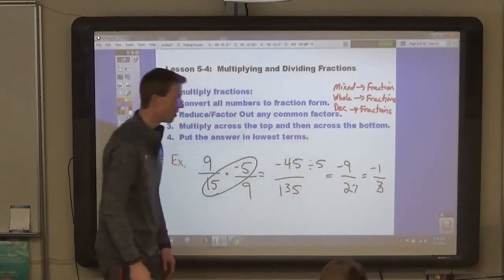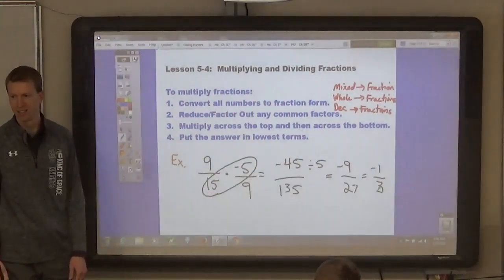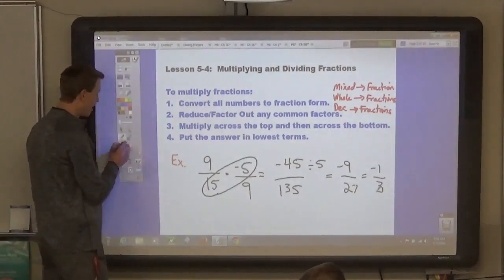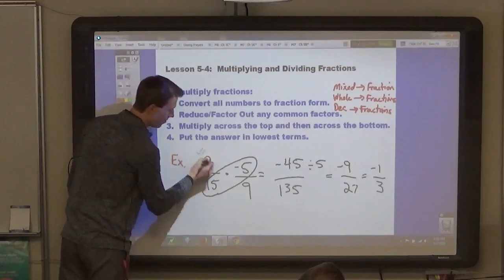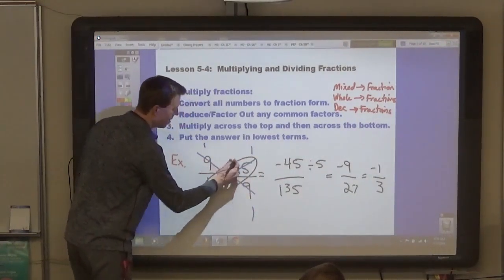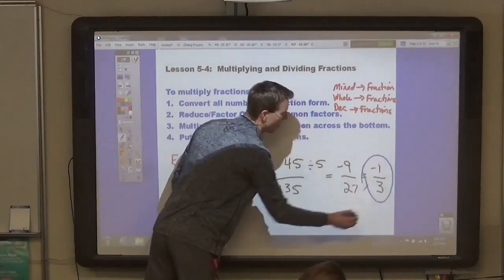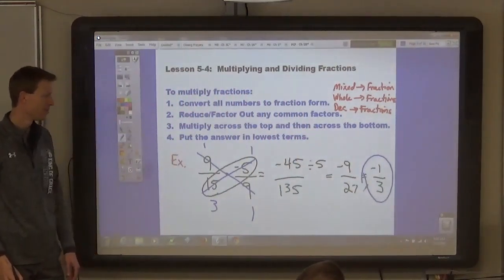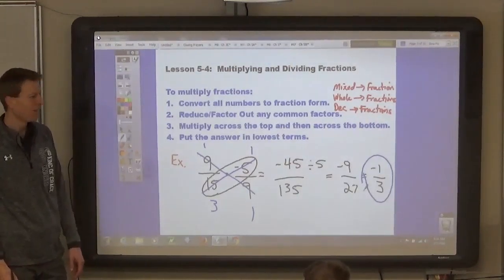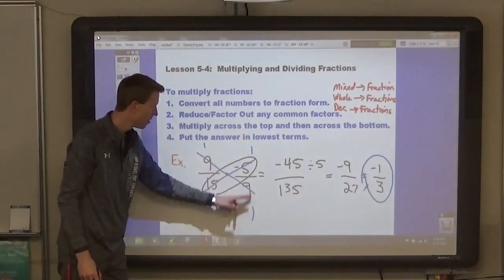See, you can get there the same way without reducing first. But it would be a lot easier to just do this. 1, 1, 1, 3, -1/3. That's easy. Okay. 9 over 9 is 1.